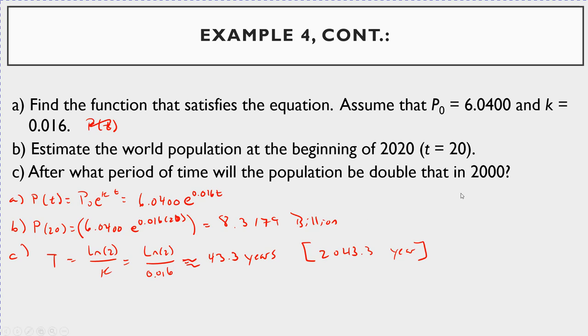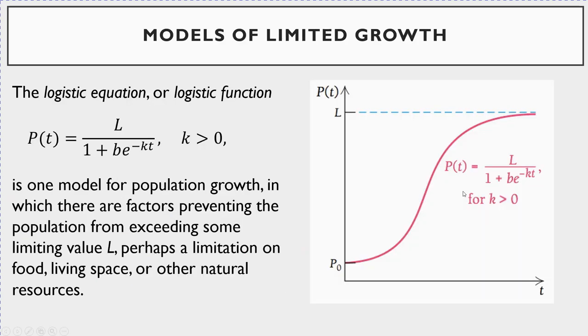Okay, I just want to end on talking about models of limited growth. So the logistic equation or logistic function, P of t is equal to L divided by 1 plus B e to the minus kt, where k is greater than 0, is one model for population growth in which there are factors preventing the population from exceeding some limiting value.